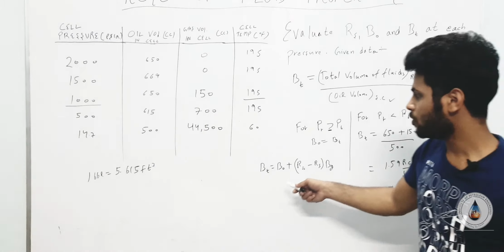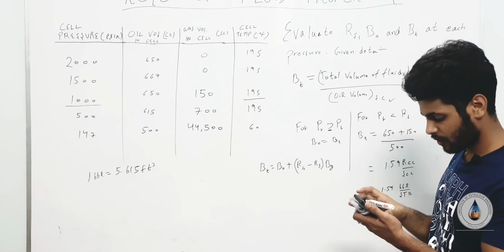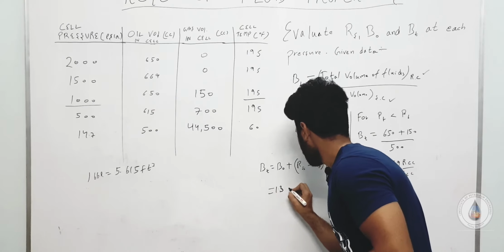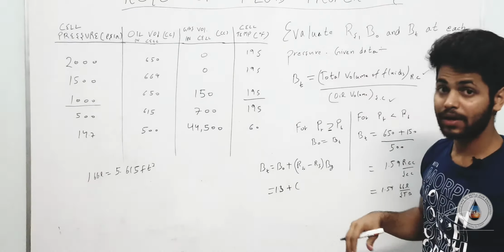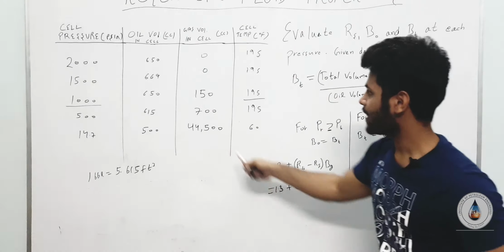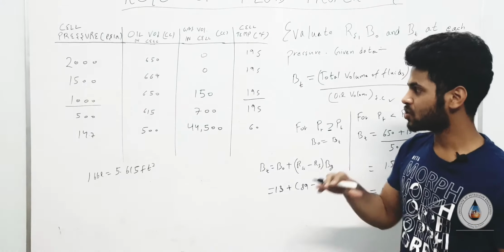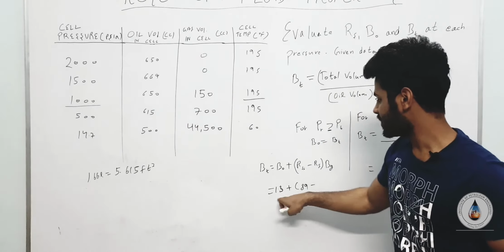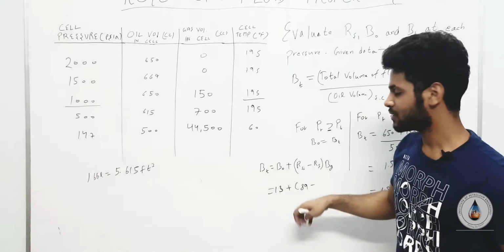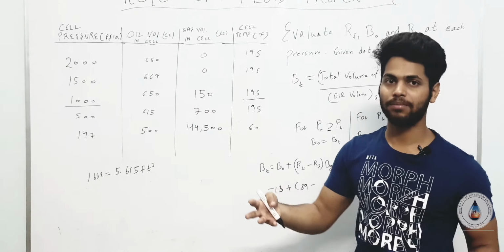So the B naught value at the cell pressure of 1000 psi that we calculated earlier was 1.3. And Rsi that we calculated in the very beginning was 89, and Rs at this particular value is the amount of gas that is dissolved in the system. Here I am considering the amount of gas that has evolved from the solution.